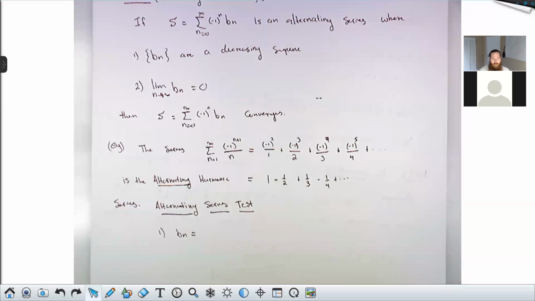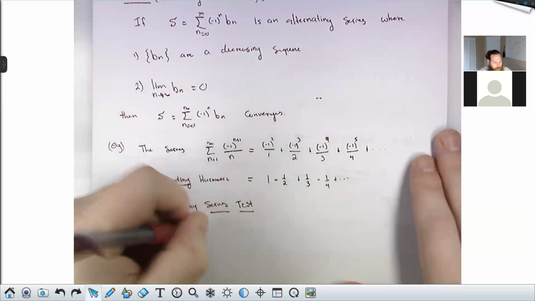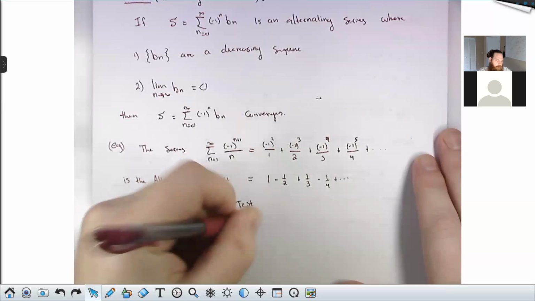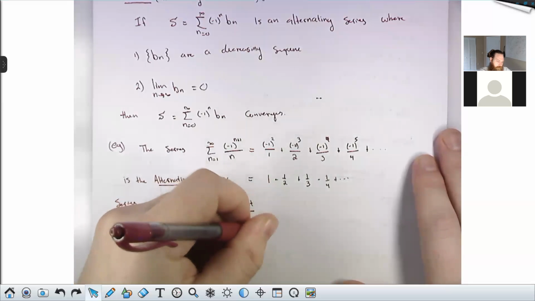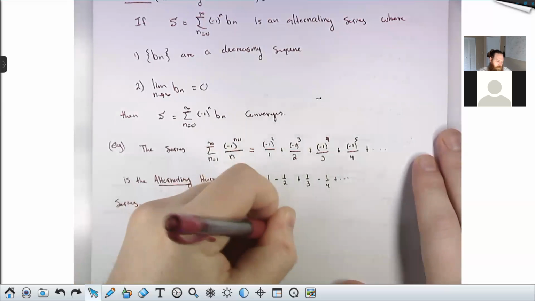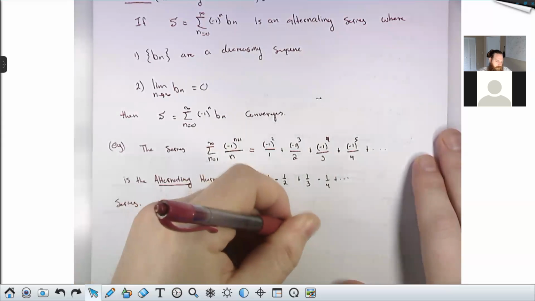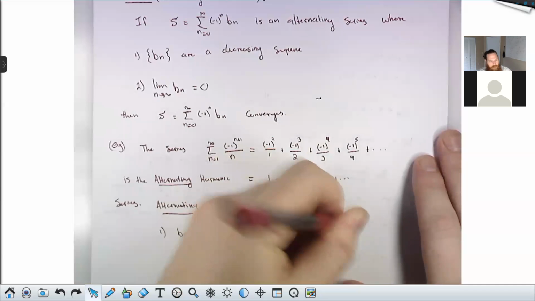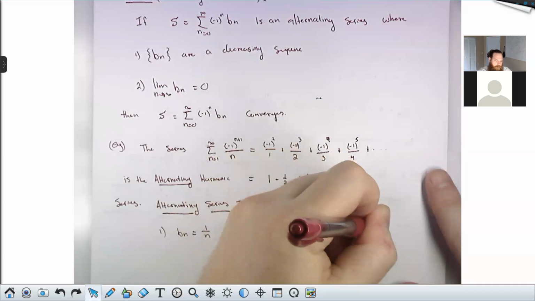Yeah, the non-alternating piece of this, the piece besides the power of -1, that's the b_n. So here b_n is 1 over n, and that is a decreasing sequence. Why? Because n itself is increasing.